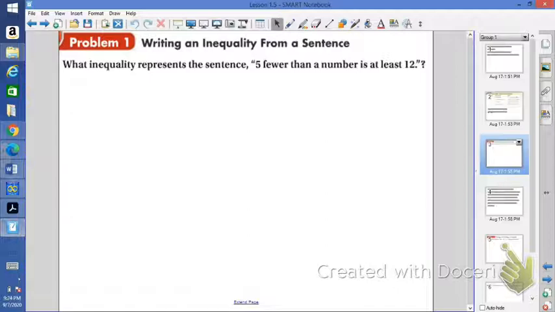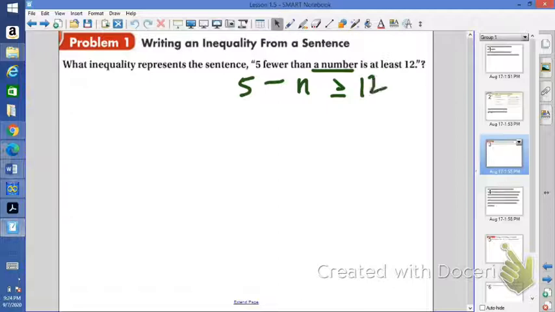And that would be subtraction. So we have 5, and then fewer would indicate subtraction. Then a number. Alright, so we can represent that as n. And then is at least. So is at least indicates greater than or equal to.